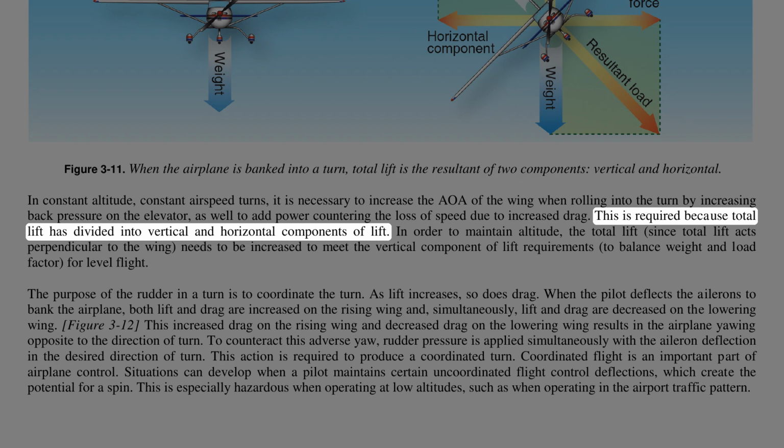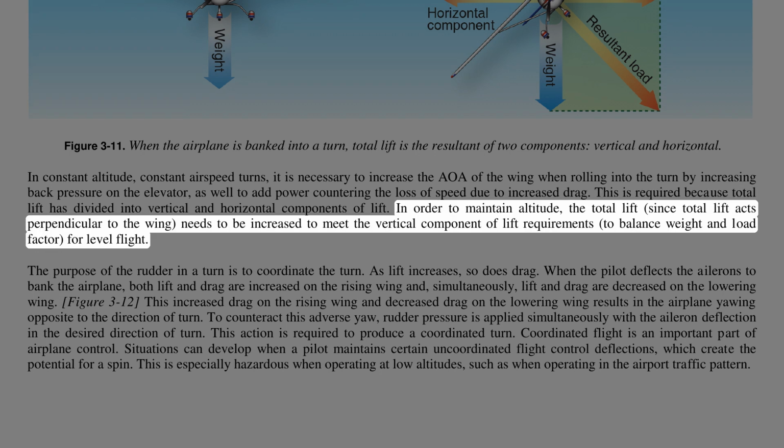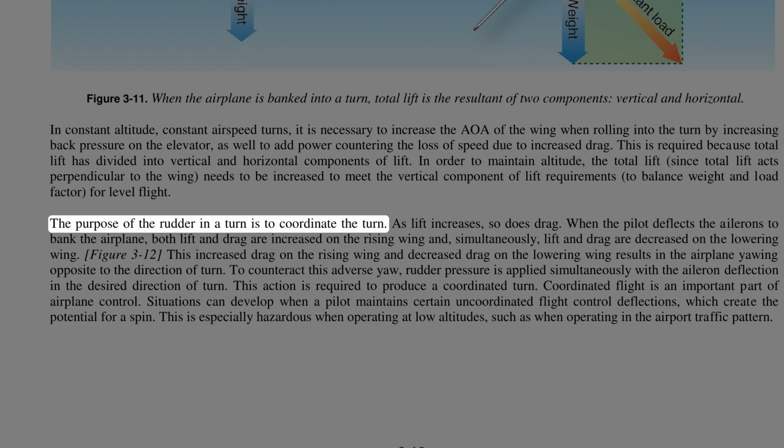This is required because total lift has divided into vertical and horizontal components of lift. In order to maintain altitude, the total lift, since total lift acts perpendicular to the wing, needs to be increased to meet the vertical component of lift requirements, to balance weight and load factor for level flight. The purpose of the rudder in a turn is to coordinate the turn.